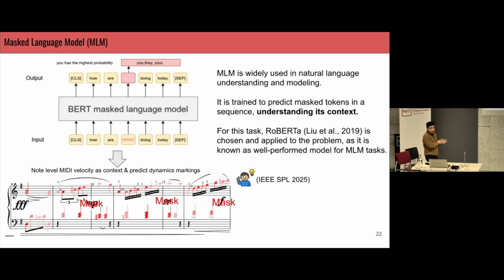Yes, to tackle this problem, I employed the masked language model. What is the masked language model? It is a widely used method to create a model to understand natural language.